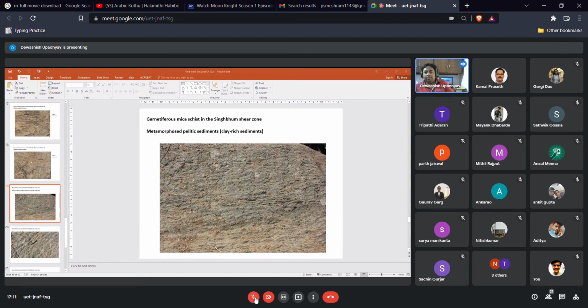Anybody remember the formula of any garnet? SiO4, tetrasilicate. Tectosilicates? No, these are not tectosilicates. You find out. We will ask in the viva. What kind of silicate is garnet?